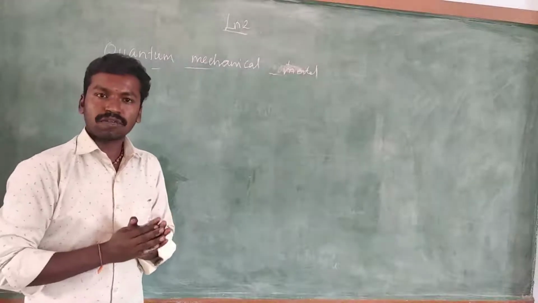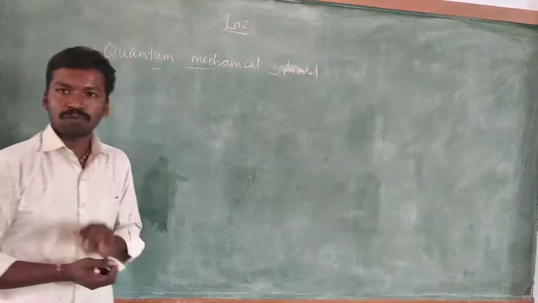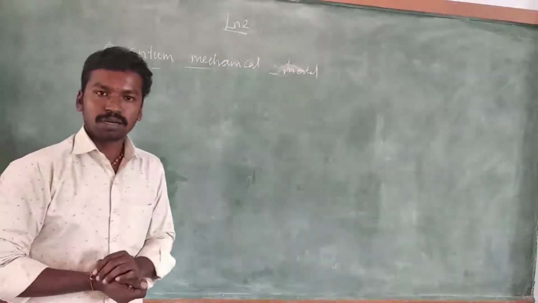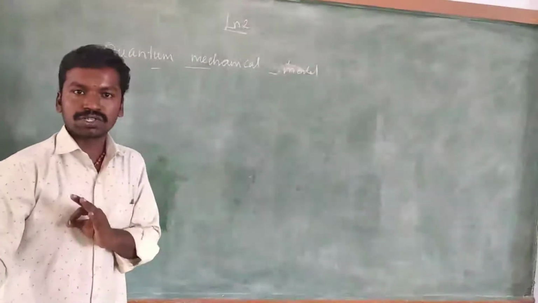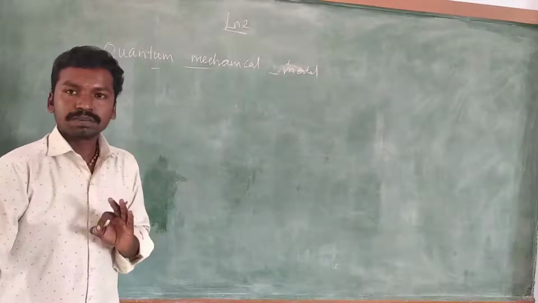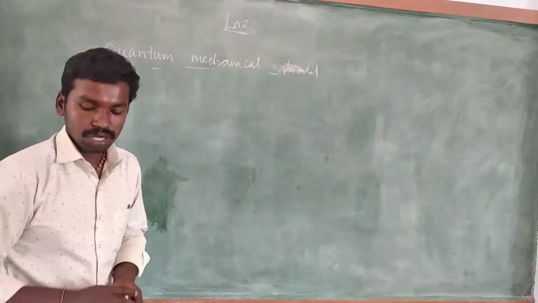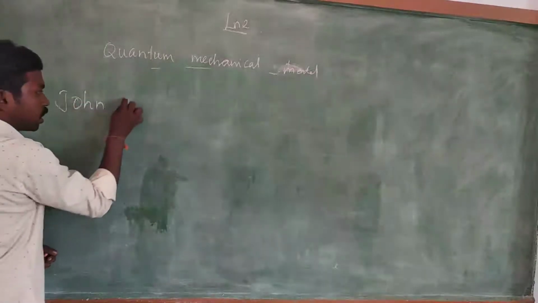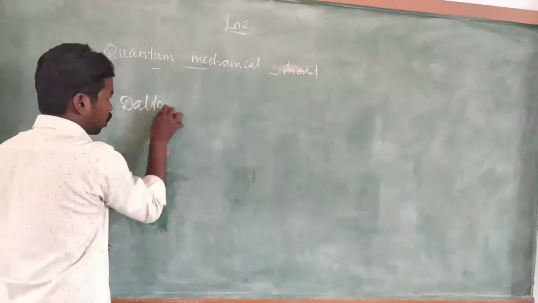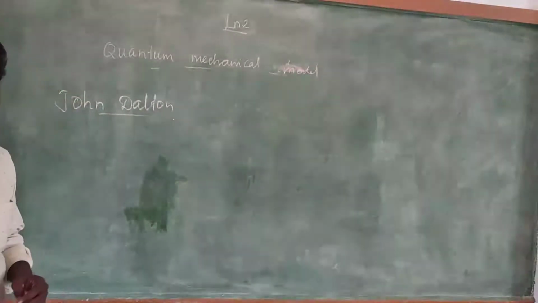About the structure of atom, various scientists have proposed various atomic models. The first attempt in deriving the structure of an atom was made by a scientist called John Dalton, who was the first scientist to study the structure of an atom.